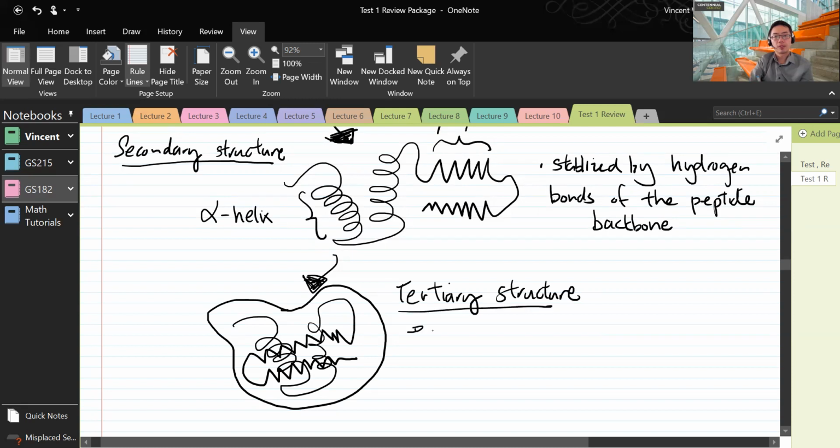It's talking about the overall three-dimensional conformation, which is just a fancy word for shape, of the protein.